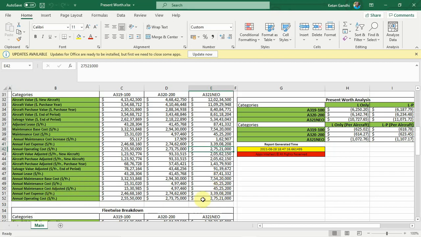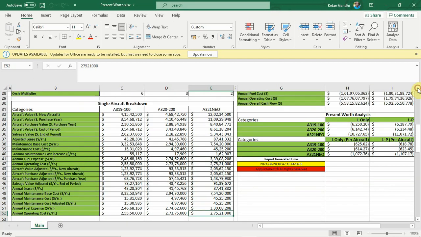Then we'll have an operating cost for yearly based on what we entered here, whatever the operating cost based on the daily utilization and the estimated operating cost per hour, into 12, that will be yearly annual operating cost. So this is a breakdown of the single aircraft.